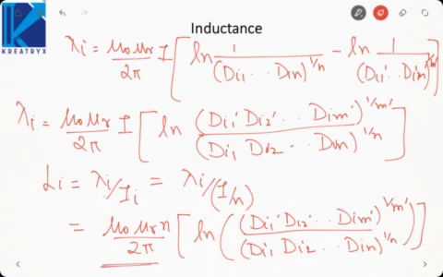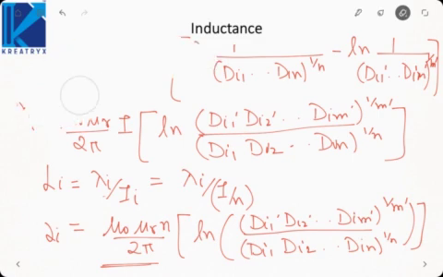Okay, but this is the inductance of one conductor out of n conductors. Same way we will have n inductances for n conductors, but it would be difficult to analyze n inductances, one for each conductor. So it is better that we replace all the inductances by a single value, that is their average.